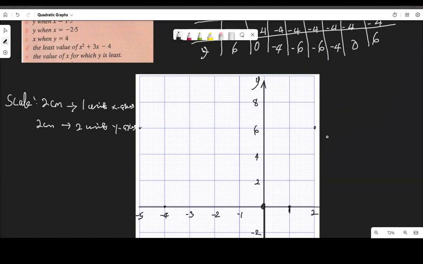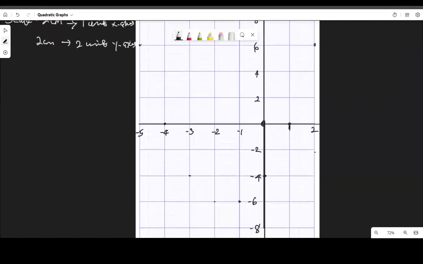Okay, after plotting all the points, we now use a smooth curve to join all the points. Like we used to do in school, we normally make use of a very soft broomstick, then curve it in a way that all the points will be joined with a smooth curve. But since this is a digital graph, there's no way I can do that, so let me see if I can use a freehand to join all these points together.